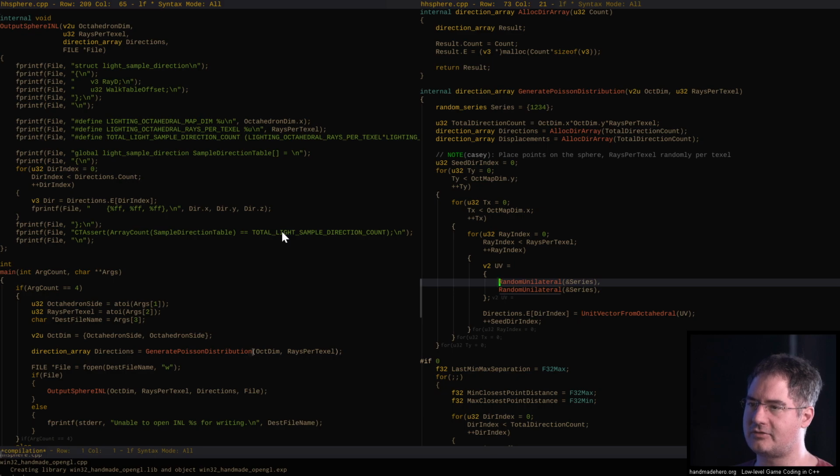So there's going to be like a UV span, like how big is a texel, or like a UV dim. I'm not sure what a good name is for it. But it would be a UV dim times a unilateral. So we're going to go some random distance along the UV dimension.